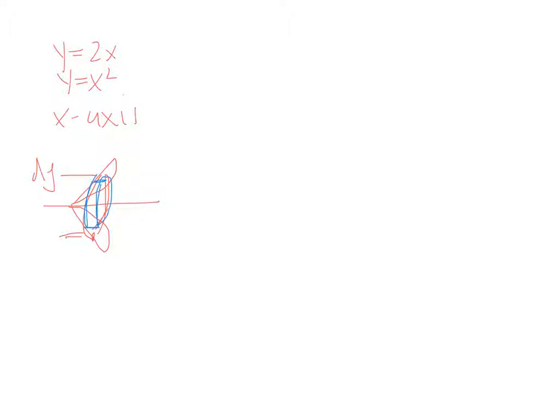but the height of this cylinder is going to be the curve to the line. So curve minus line is going to be my height. And my radius is going to be y, as expected with a dy.